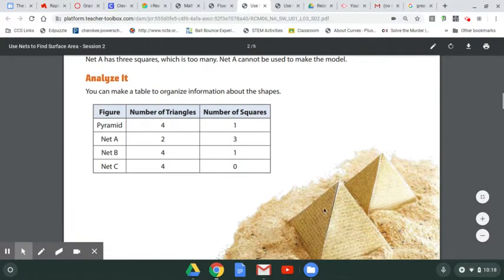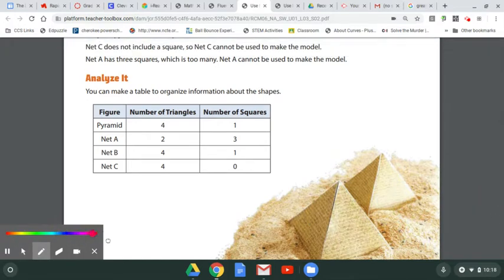Now they say you could make a table. And like I said, if you're looking at this, you see that it's a square pyramid, and so we have this face right here. We have this face right here. That's 2 faces.